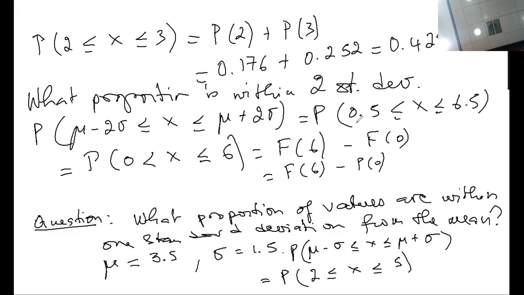If x is greater than or equal to 0.5, then either I say x is greater than or equal to 1, or x is strictly greater than 0.